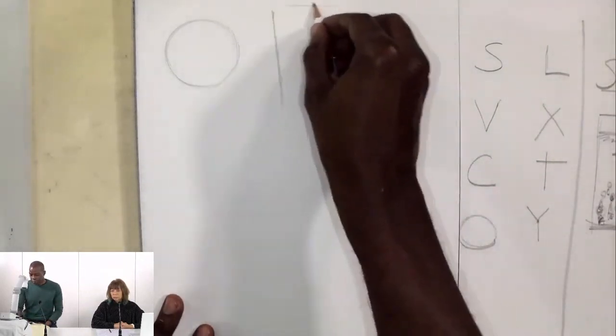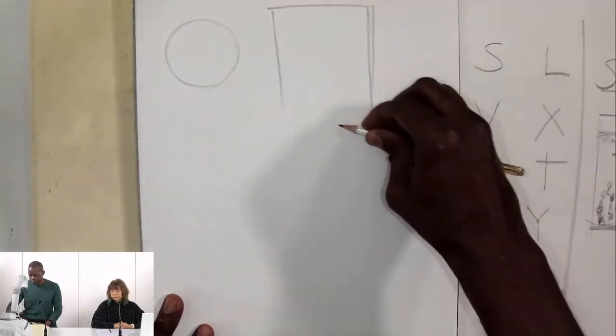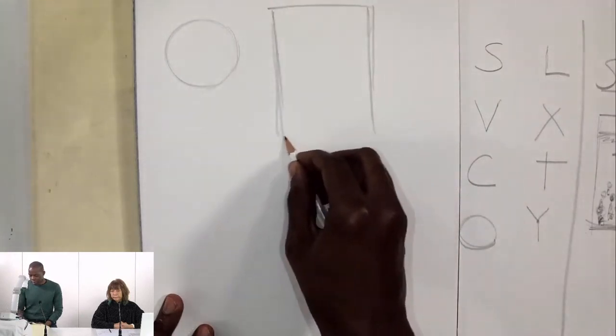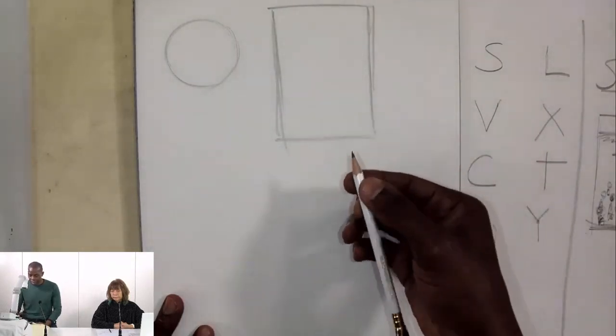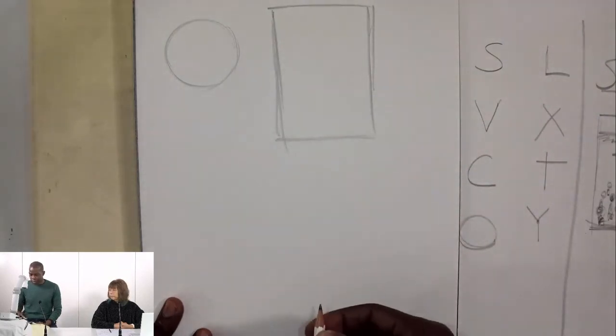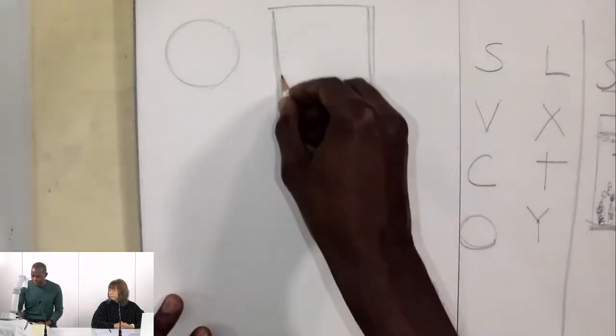So in terms of the O, like the C, it tends to compel the eye, or guide our eye around the frame.